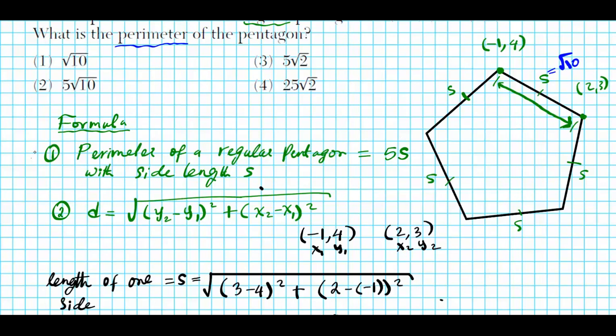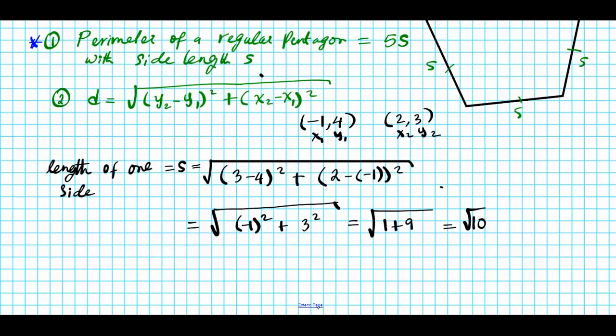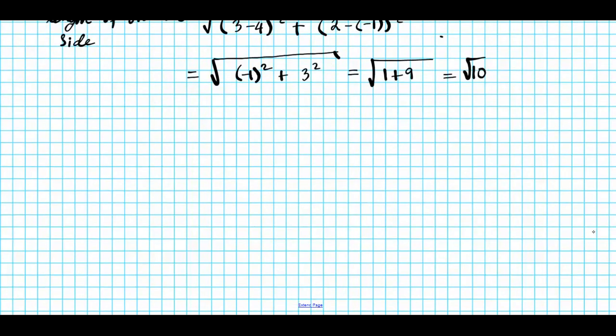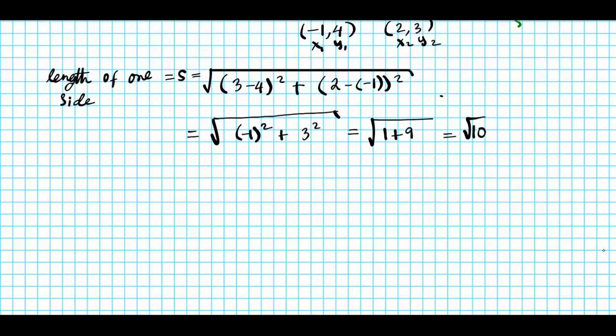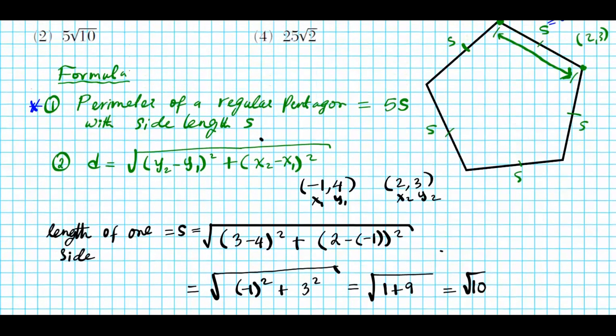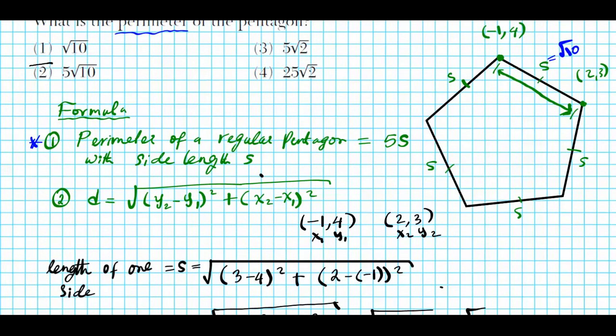We have to use the perimeter formula to finish off the problem. So be really careful about those tricky distractors that deceive you into thinking that the problem is completed, whereas it is not. So the perimeter is 5S. If we substitute S into this formula, we have 5 times root 10. And that, ladies and gentlemen, is your final answer, option number 2.